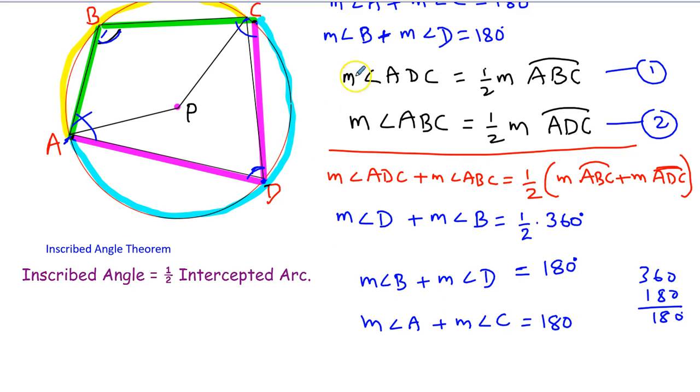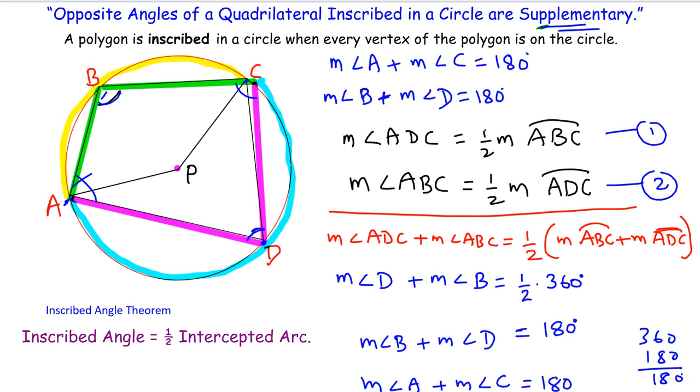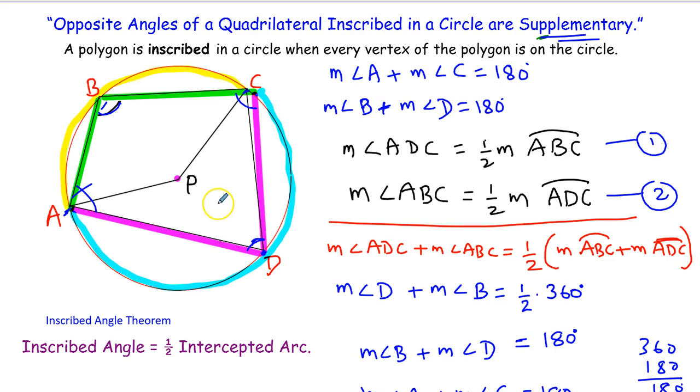Or you can do it by the same process by connecting the other radii, or directly you can show it in this way. It's very simple, right? In this quadrilateral, all the four vertices are lying on the circle, so it is inscribed inside a circle and its opposite angles are supplementary.